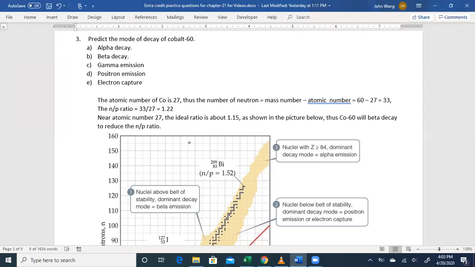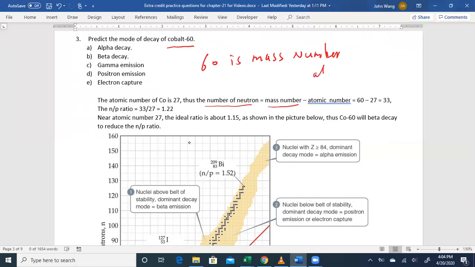So if I give you a notation like that, then you know this 60 is the mass number, and mass number equals number of protons plus number of neutrons. Therefore, number of neutrons equals mass number minus atomic number. Atomic number equals number of protons.